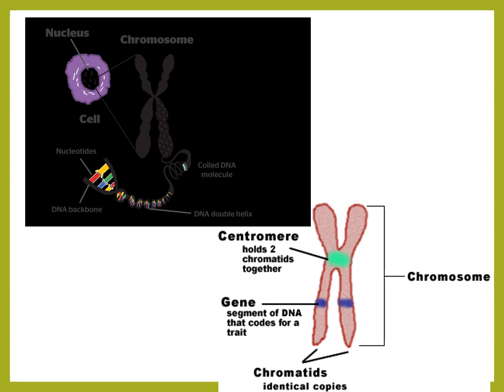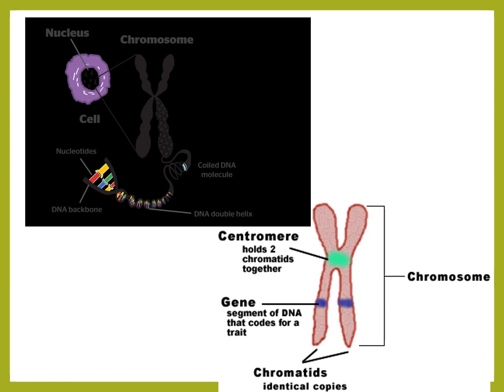Here is a picture of chromosomes. The top one is showing you a cell, and inside the cell is the nucleus, and then the chromosomes live inside the nucleus. And the bottom one shows you that the centromere is the middle part of the chromosome that holds it together and gives it the X shape. And then you see the little blue dots.